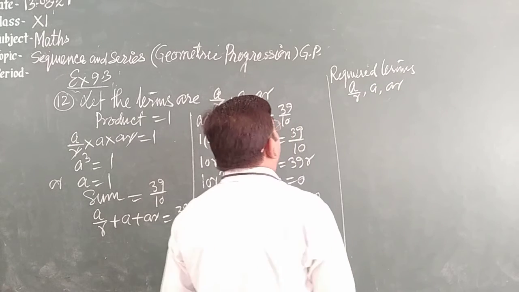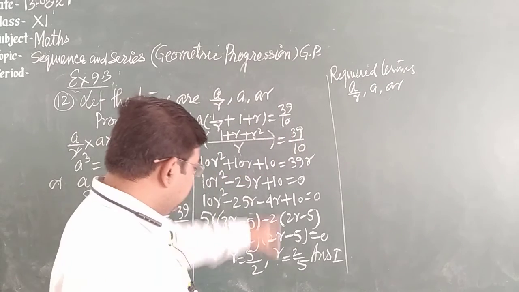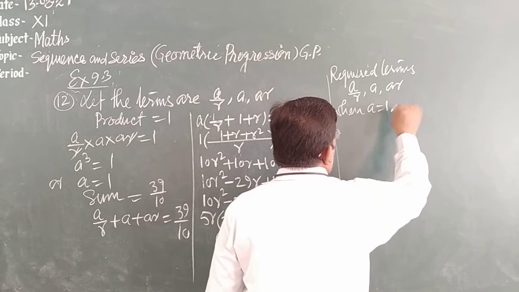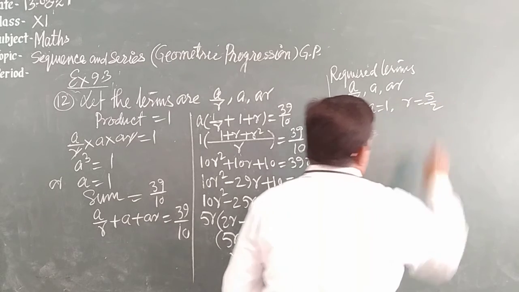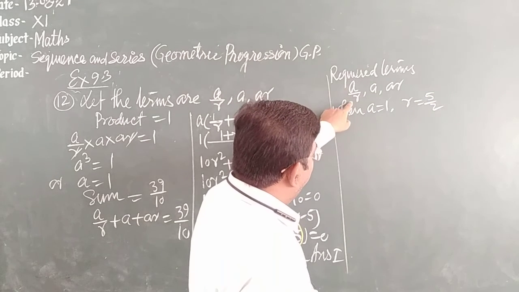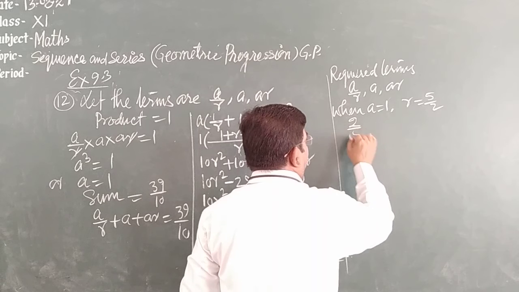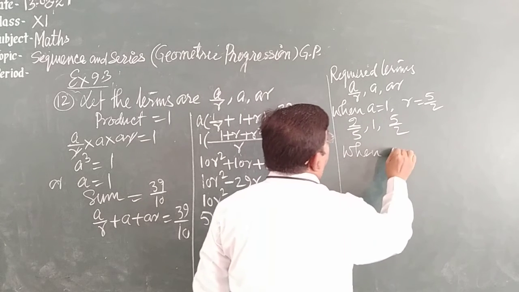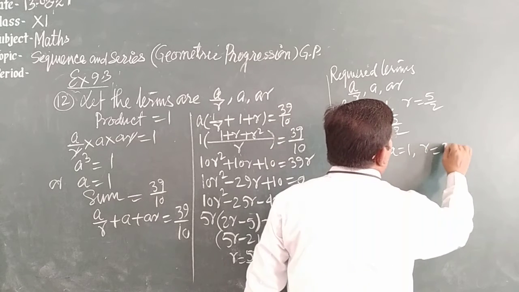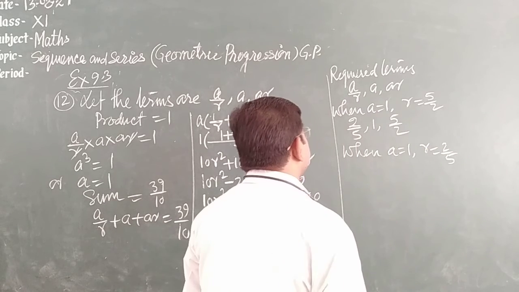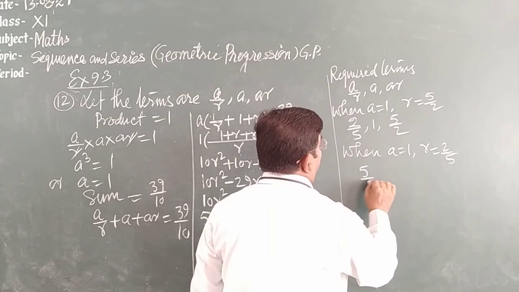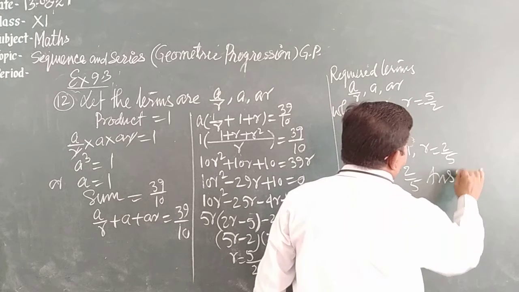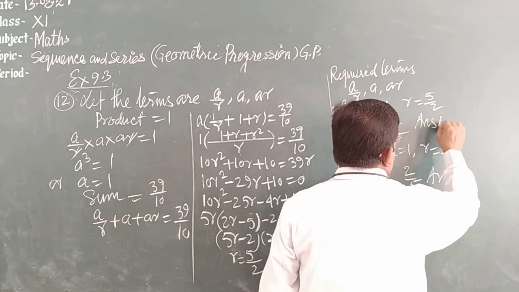Write when a is equal to 1 and r is equal to 5 upon 2: 1 upon 5 upon 2 becomes 2 upon 5, comma 1, comma 5 upon 2. When a is equal to 1 and r is equal to 2 upon 5, the terms are 5 upon 2, comma 1, comma 2 upon 5. So this one is the second answer.